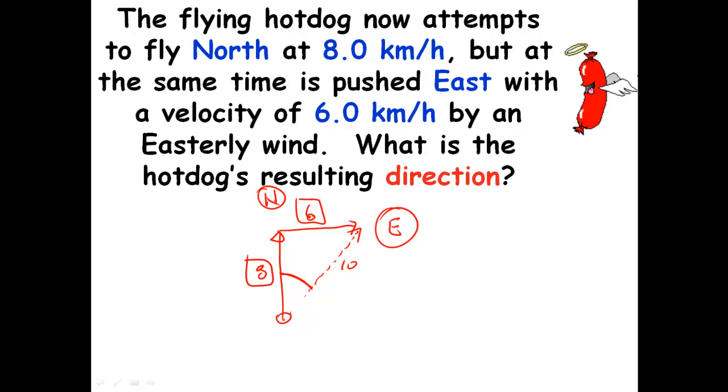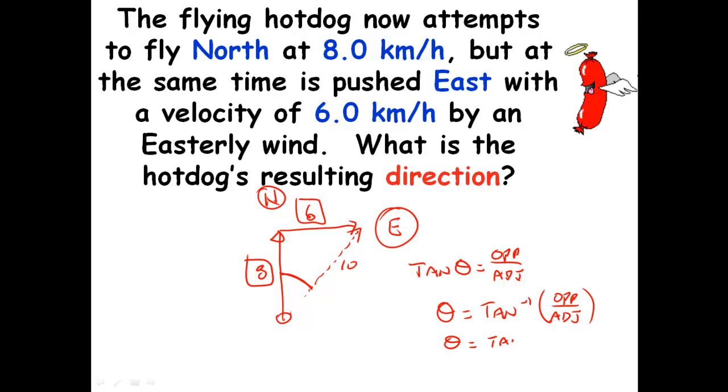We know that the tangent of the angle we're solving for is equal to the opposite side over the adjacent side. And since we want to know the angle, we have to put that alone. The angle alone is the tangent to the -1 times the opposite side over the adjacent side.